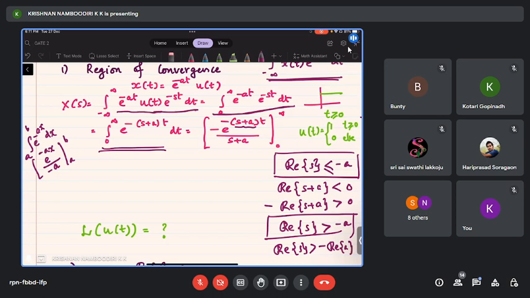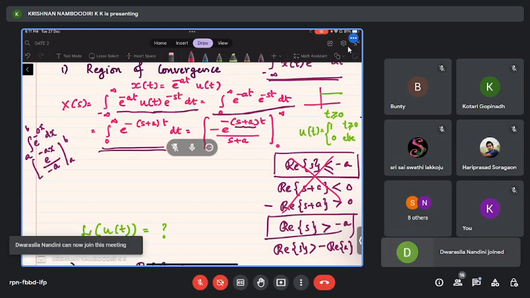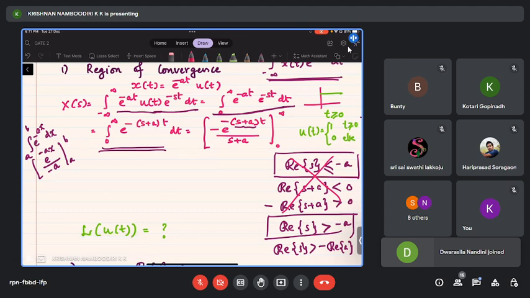Does everybody agree with this? Under the other case, this integral will explode to infinity. Agree? I hope you understand what I'm saying. Correct? If you have some question, you can ask now, because this is very important considering the questions.